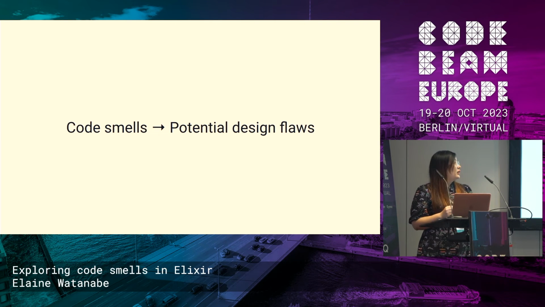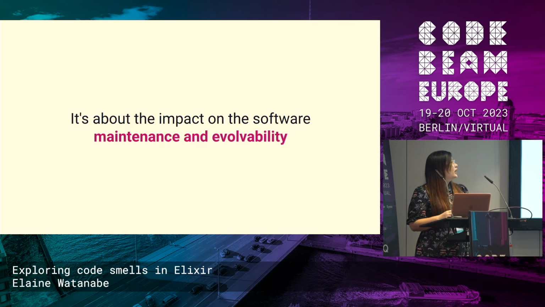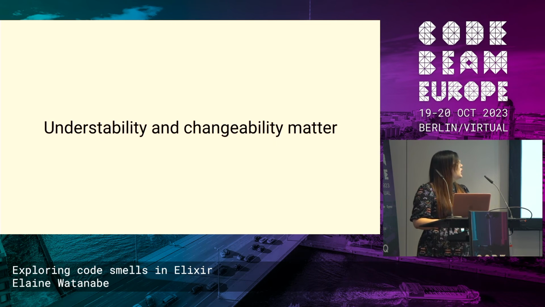We are talking about these potential design flaws, and we are thinking about software maintenance and evolvability, like how we can add new features over time. One thing those code smells can help to improve is understandability and changeability of the system.